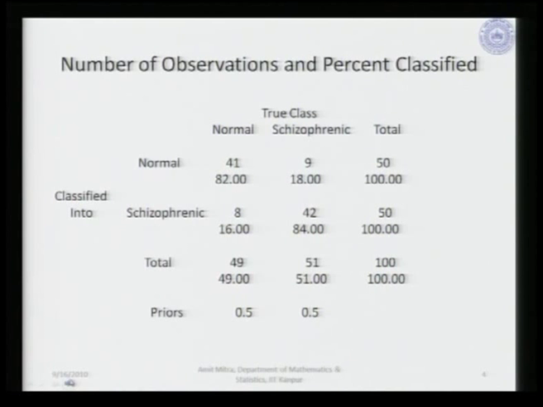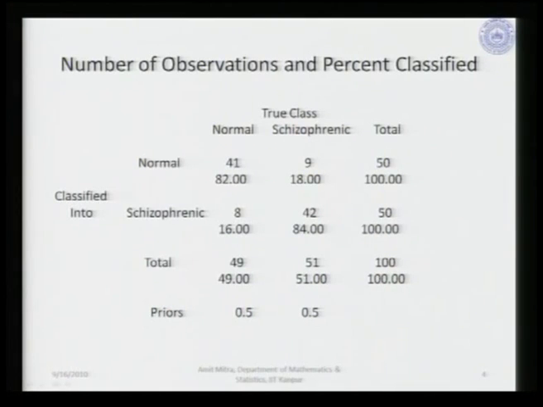Now, using the Fisher linear discriminant function, we look at the performance of the constructed discriminant function on the learning sample. This table is the confusion matrix, and along with it we also get the percent of observations which are correctly or wrongly classified.